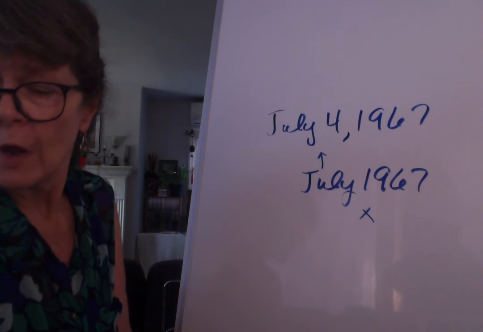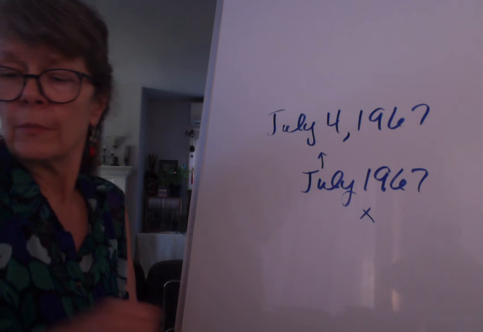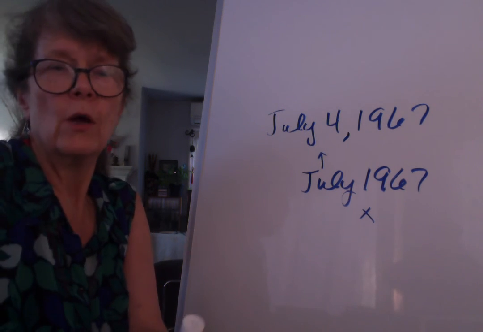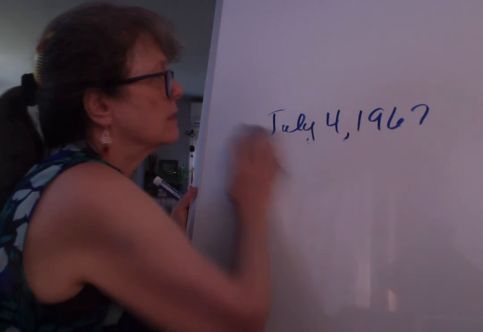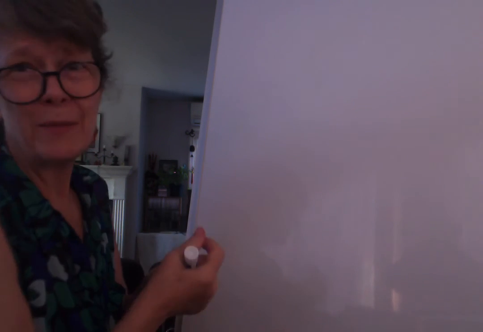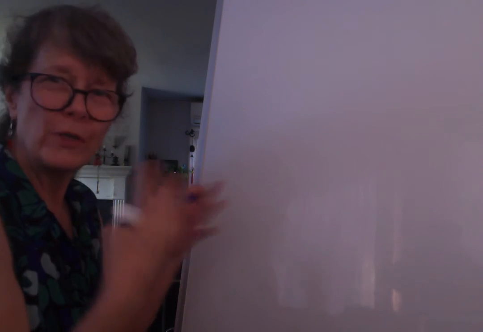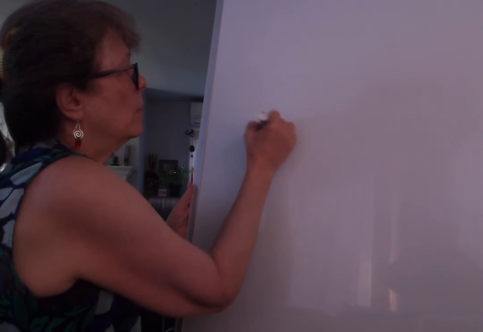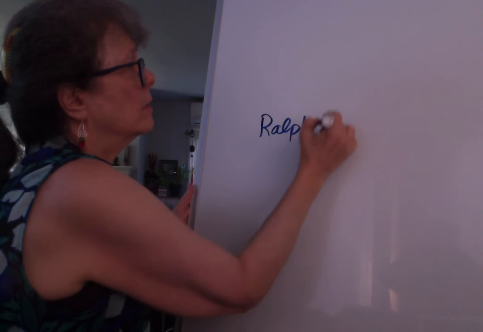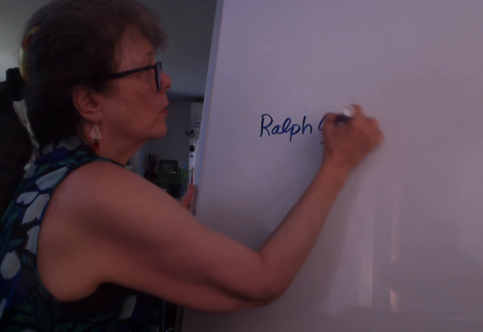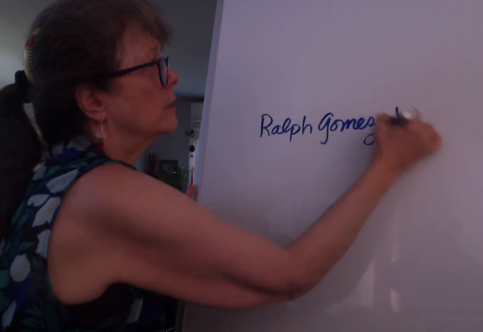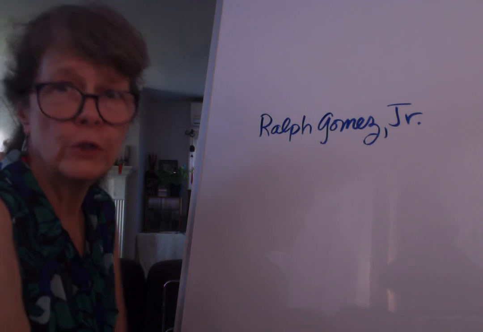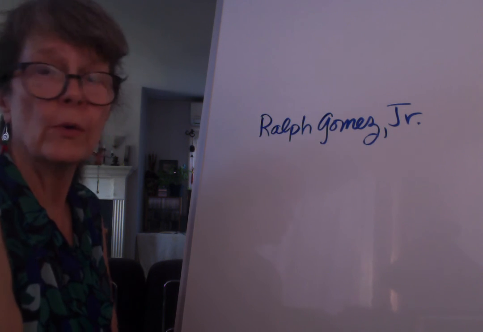All right? We also use commas when we have titles with people's names, or parts of their names that are sort of titles. If I say Ralph Gomez Jr., I have to put a comma there before junior or senior or whatever it is.